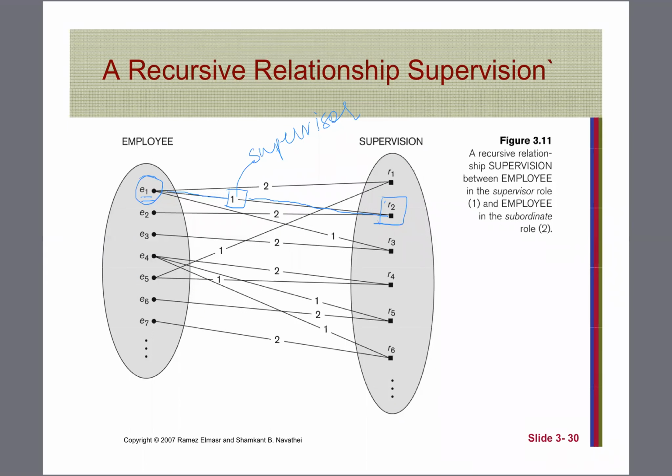Okay, and that R2 is being shared with the employee E2. Now E2 is playing what role? If you can just observe here, E2 is playing role 2. What is role 2? Role 2 is nothing but subordinate. Okay, so E2 is subordinate in the relationship R2 for E1. E1 is having supervisor role.